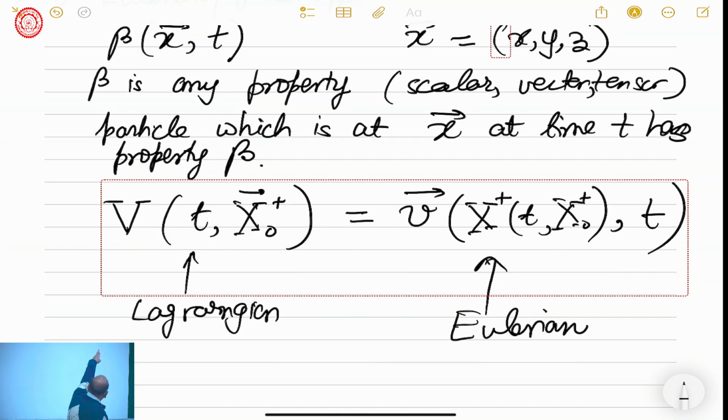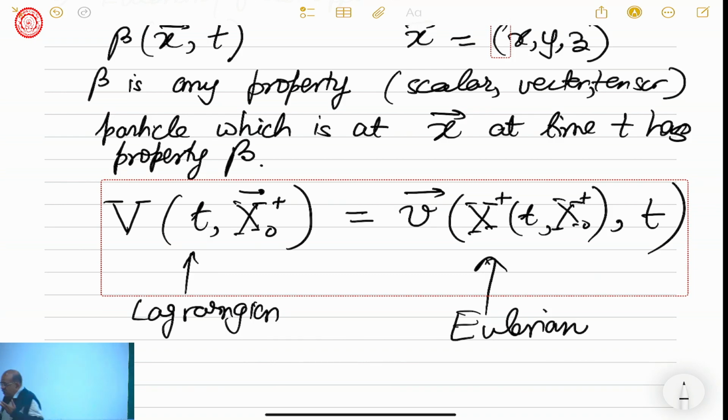The second part, x0 plus, is labeling. The first component t is the time. This is equal to the x location of this particle, which is x plus at t comma x0 plus and time t. So this is how the Eulerian and Lagrangian variables are related to each other.